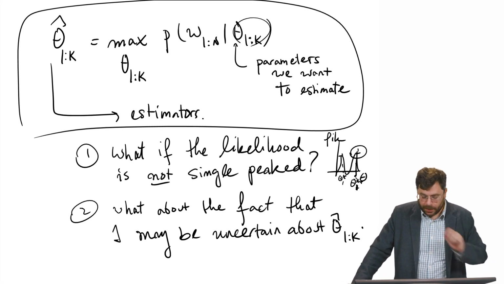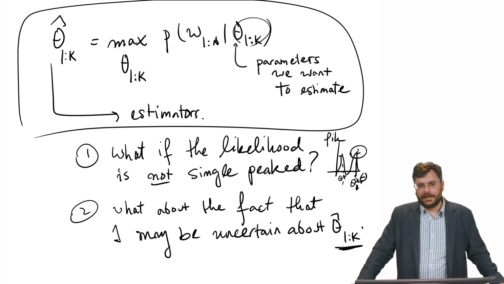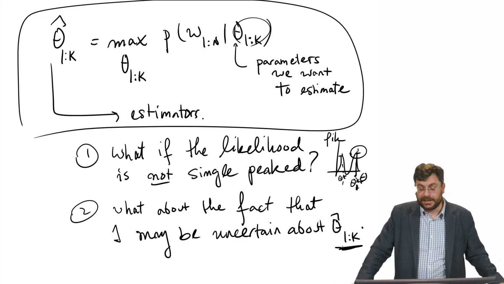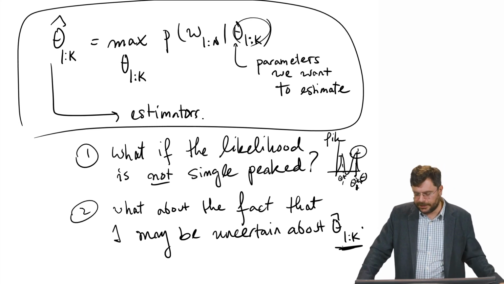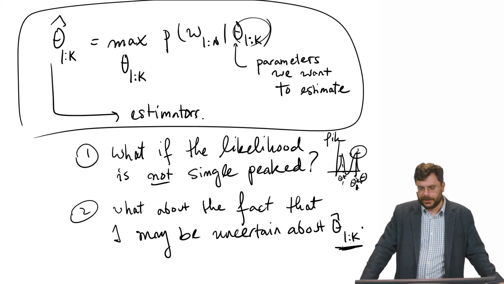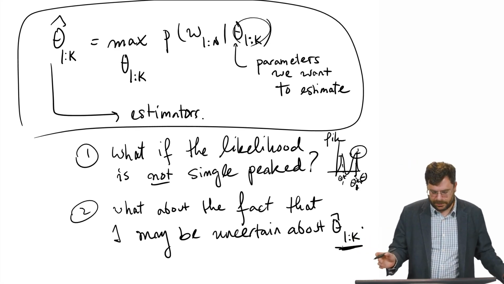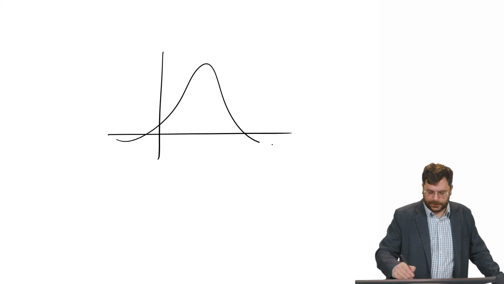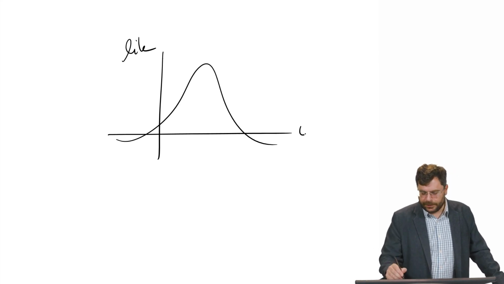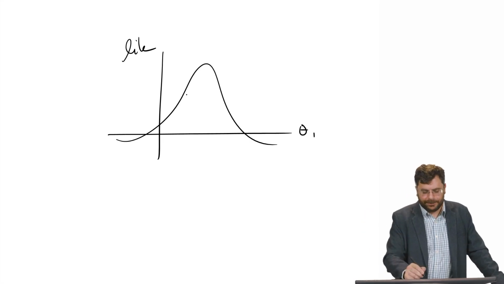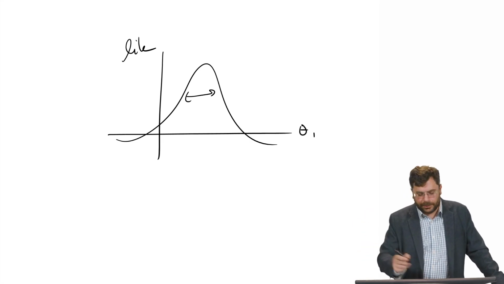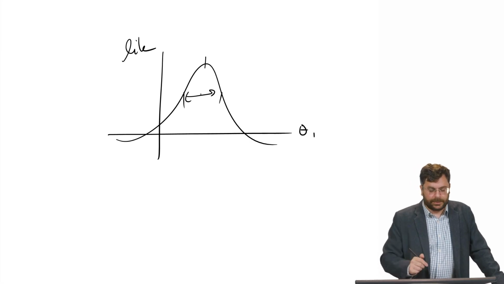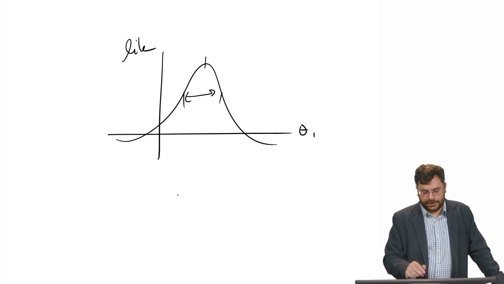So somewhere in the estimator or somewhere in the likelihood should be contained the information about my certainty as to the value of my estimator. That's not super apparent from this here. Now you could argue that if the likelihood has a single peak, so if I were to look at the likelihood versus some theta 1, I only have one parameter, you may be able to argue that maybe the breadth or the variance of the likelihood around its maximum tells me something about the uncertainty.